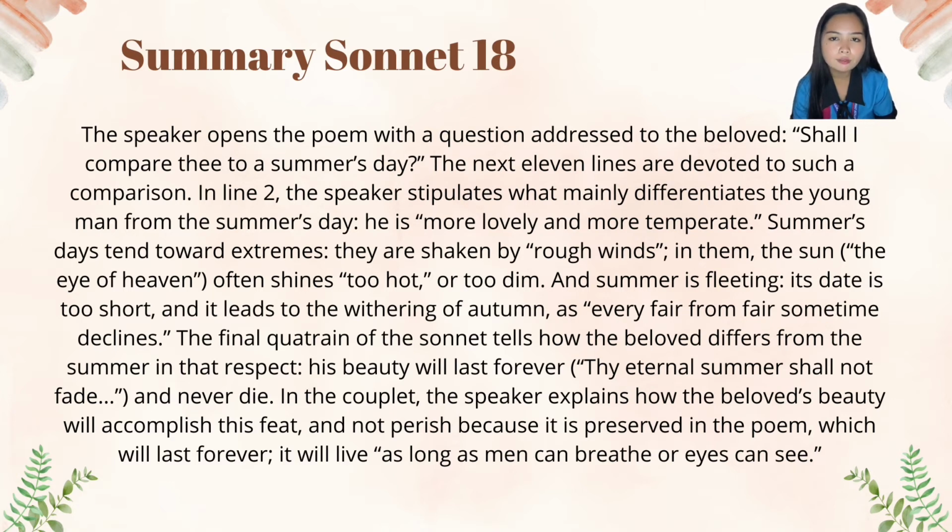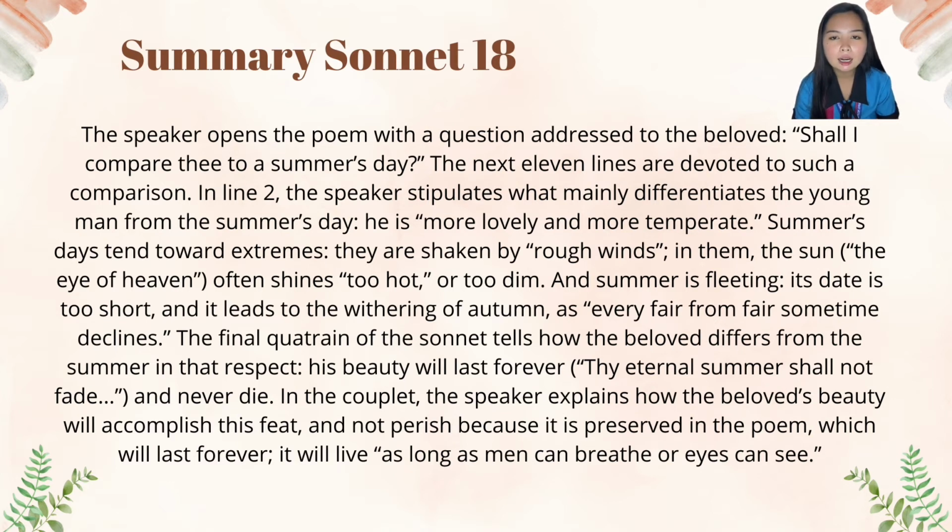As every fair thing from fair sometime declines, the final quatrain of the sonnet tells how the beloved differs from the summer in that respect. His beauty will last forever. Thy eternal summer shall not fade and never die.